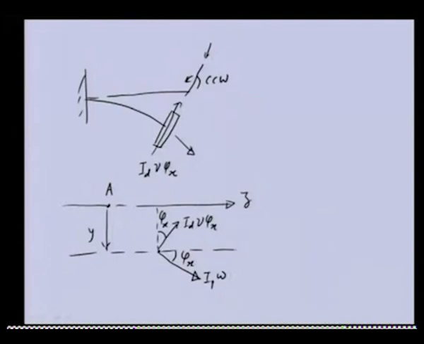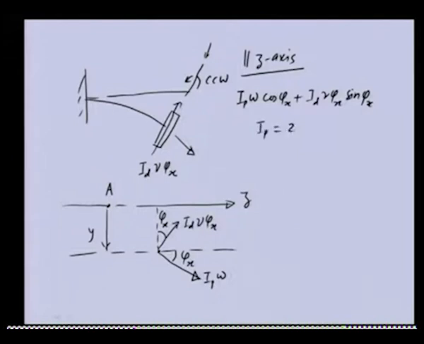So we have all this. Now let us say we are taking the component of this angular momentum first, parallel to the z axis. So Ip omega cos phi x plus Id nu phi x sin phi x. This is because for a thin disk we know Ip is equal to twice Id.